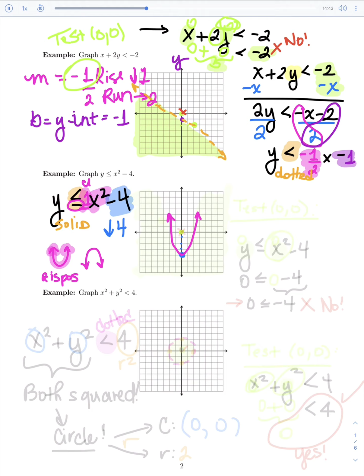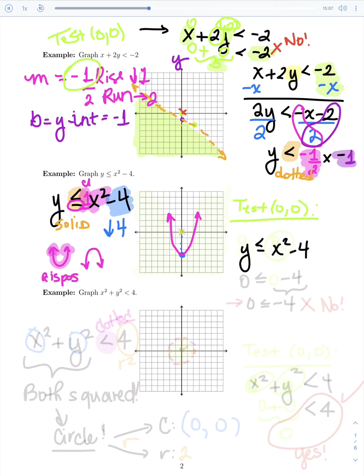Continuing along, now I need to figure out which side of our parabola we're going to shade by testing a point. We need to test a point that's not on our graph. Well, let's go ahead and test the point I kind of have drawn on here already, which is 0, 0. That one's a nice one because it usually makes things disappear. We had y is less than or equal to x squared minus 4.